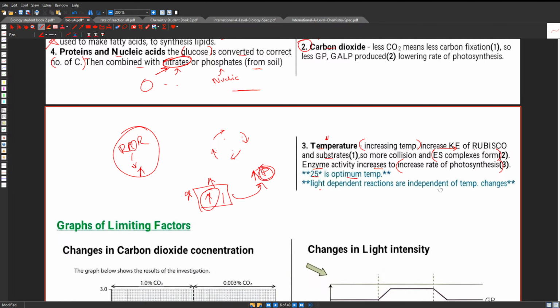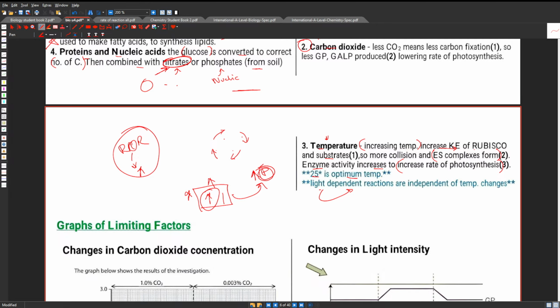Light dependent reactions are independent of temp changes. Wait, seriously? I heard that light dependent reactions work independently of temp.